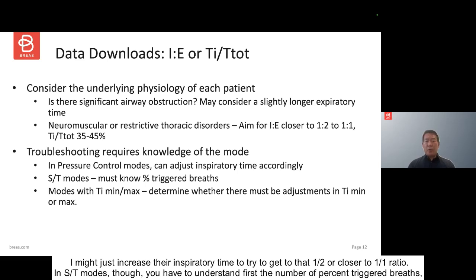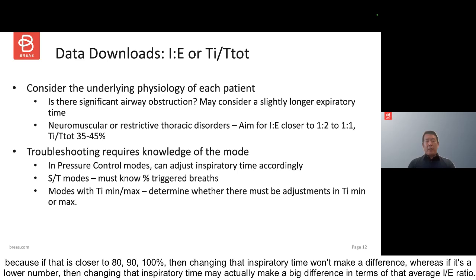In ST modes, though, you have to understand first the number of percent triggered breaths, because if that is closer to 80, 90, 100%, then changing that inspiratory time won't make a difference. Whereas if it's a lower number, then changing that inspiratory time may actually make a big difference in terms of that average I/E ratio.